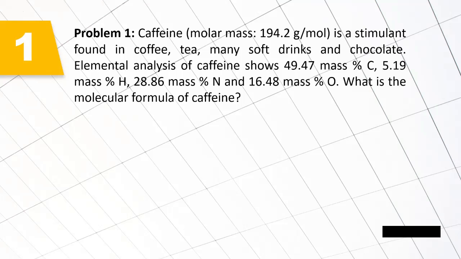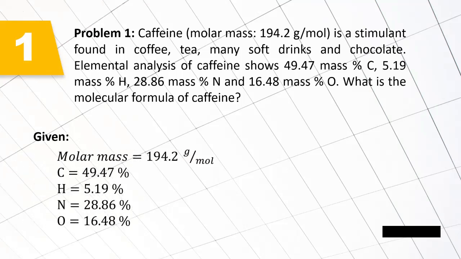Before we proceed to the solution, we have to determine first what is given so that it will be easy for us to solve the problem. What was given is our molar mass, which is 194.2 grams per mole, 49.47 mass percent of carbon, 5.19 mass percent of hydrogen, 28.86 mass percent of nitrogen, and 16.48 mass percent of oxygen.